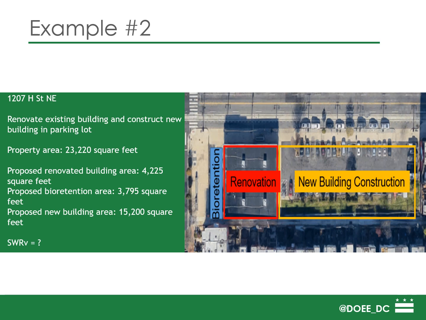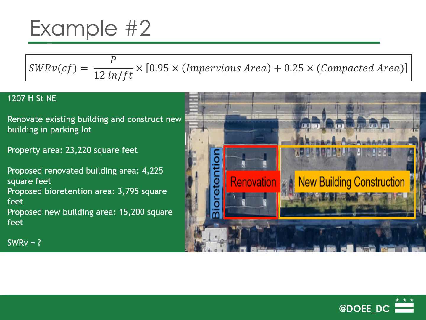So overall, the total area is 23,220 square feet. And the renovated building, new building, and bioretention areas are shown there as well. So we need to see what the SWRv is for this site. And it's going to be a function of the activities that are going on the site and the land covers.